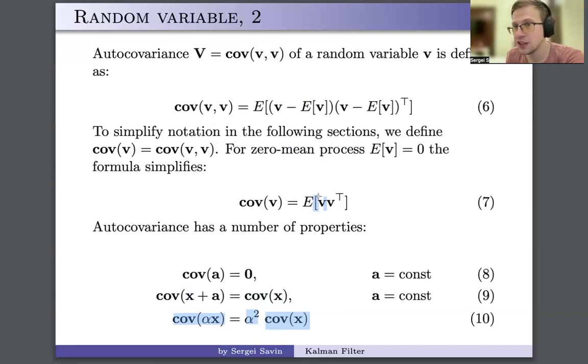You can take them out of the brackets using the properties of mean, right? You can always take them out of the brackets, but you will have two lambdas, because you have two variables multiplying each other, each multiplied by lambda. My apologies. So you will have two of them, so that's why you have lambda squared.